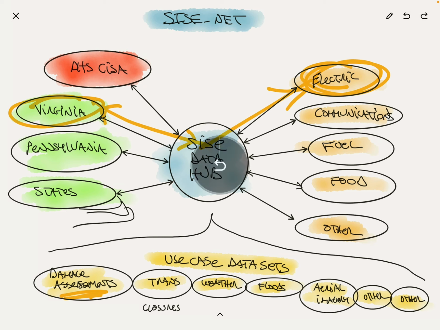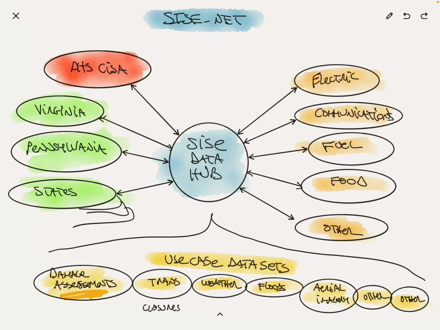The trick is we get everybody synchronized on damage assessment data. Now we can actually coordinate operations. Then next up is transportation, then weather, then floods, then aerial imagery. It's endless how it can work. But SISE-net is a data hub that provides that service out.